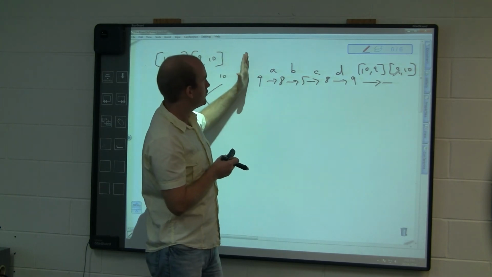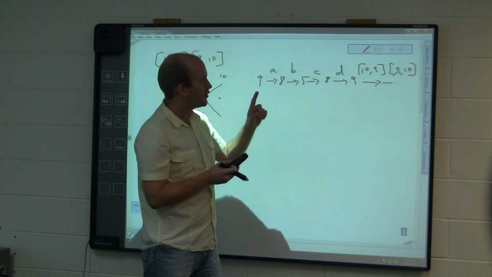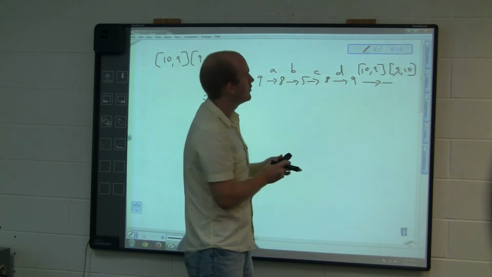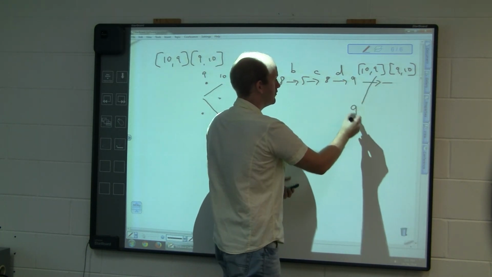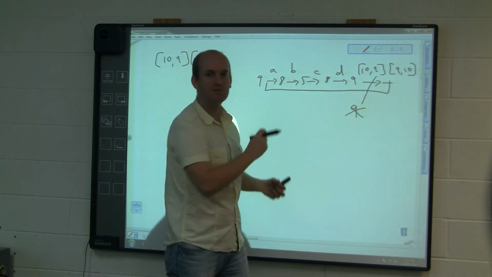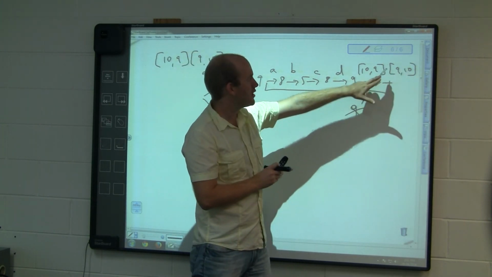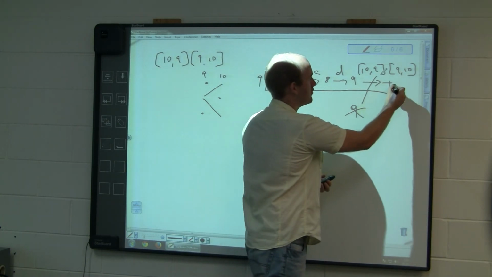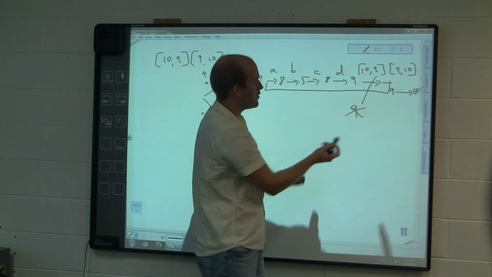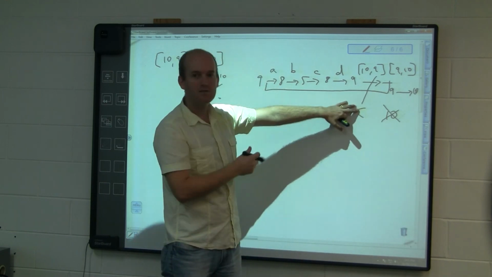If I have a trail, the first time you see a 9 at the end of a trail means there's no 9 in the image of that much. But then you might see that 9 actually goes somewhere in the rest of it, and if 9 ends up going to 10, like it does in this case, then at the end, 10 rather than 9 is not in the domain.